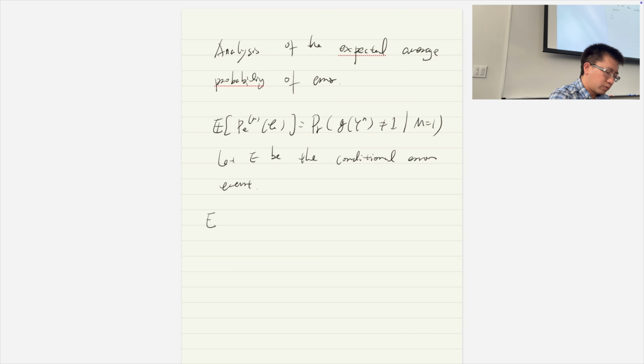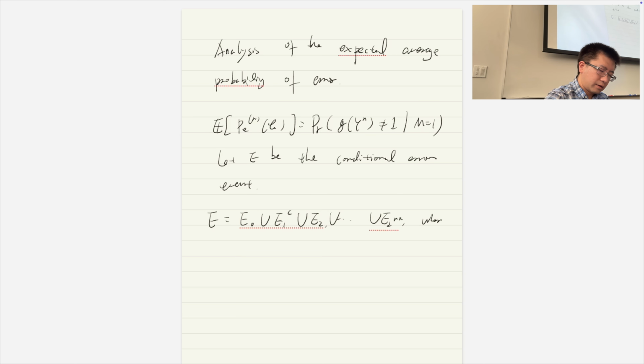Then we decompose E. E can be decomposed as, so we have one more event to consider, E0. That's the event that our codeword does not satisfy the power constraint, and then we have E1 complement, E2, E3, whatever, up to E_{2^{nR}}.